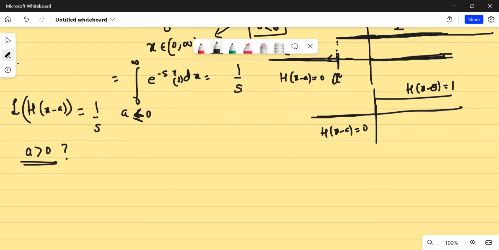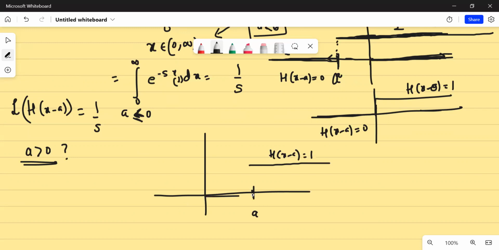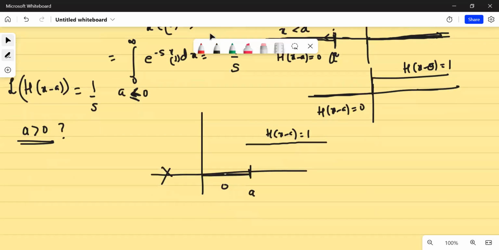So what if a is greater than 0? A is greater than 0 means what? Let's say here is your a. Here it will be 1, and for all these values it will be 0. I'm not bothered about values less than 0, because the Laplace transform after all is evaluated from 0 to infinity only. That is, your x should vary from 0 to infinity. Now here there would be two cases.